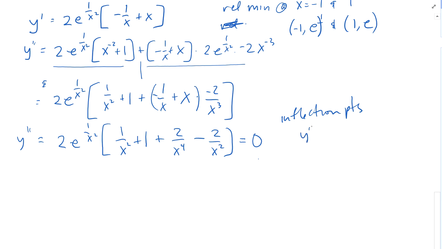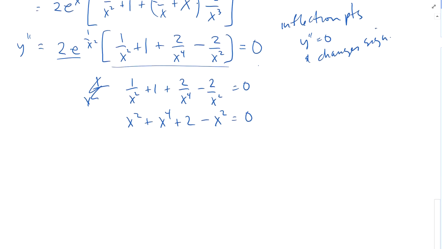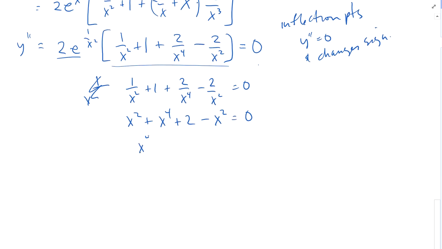Well, inflection points happen when y double prime equals 0 and it changes sign, right? So we want to set this equal to 0. Well, that exponential is never 0, so let's set the rest equal to 0. Multiply through by x to the 4th. So I'm going to have x squared plus x to the 4th plus 2 minus x squared equals 0.